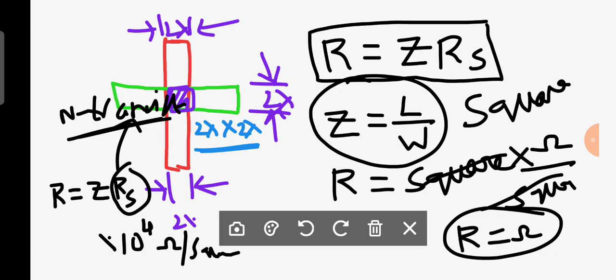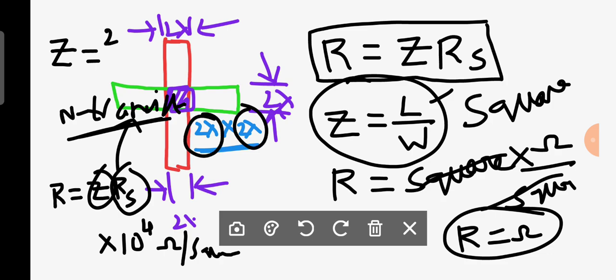But don't forget, you require Z. What is Z, anybody? As I said, L by W. Then from the specification given, what is the length? 2 lambda. What is the width? 2 lambda. Therefore 2 lambda by 2 lambda gets cancelled. It is 1 divided by 1, that is 1:1. Therefore finally you can consider it is 1.